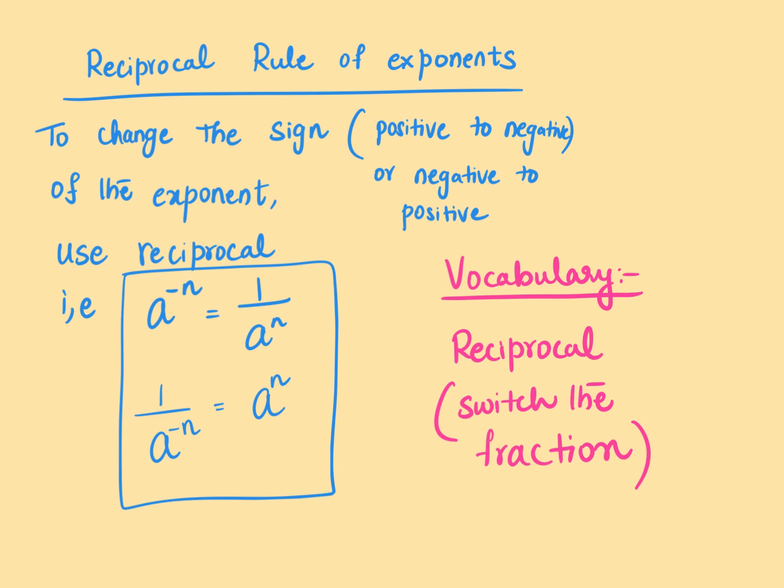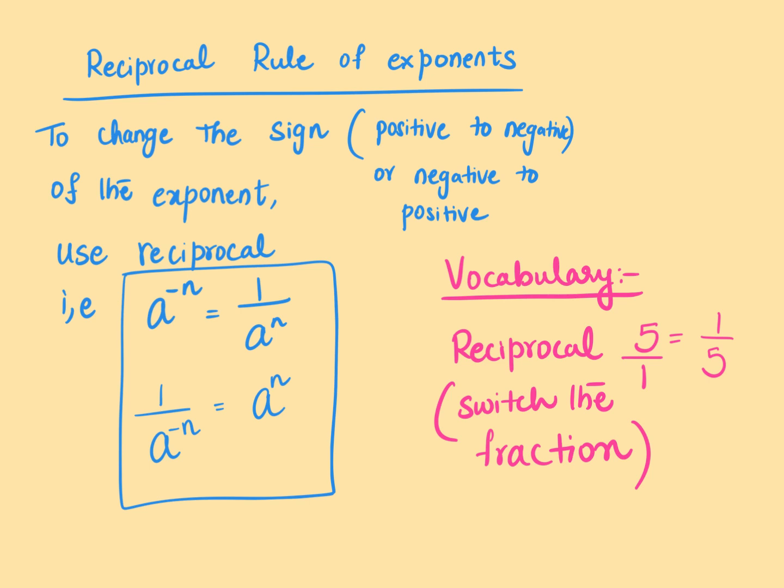Now, you need to understand what a reciprocal is. If you have, for example, 5, the reciprocal of that should be 1 over 5. All I'm doing is treating 5 as 5 over 1, so the reciprocal becomes 1 over 5.